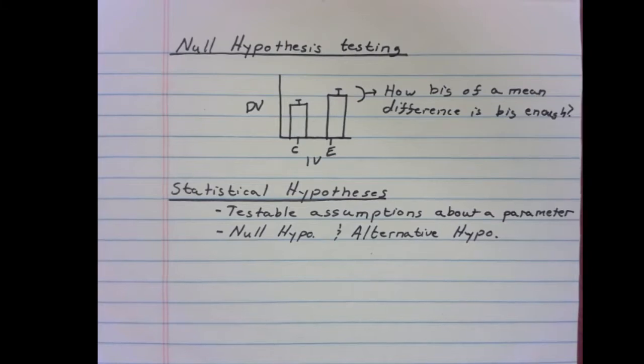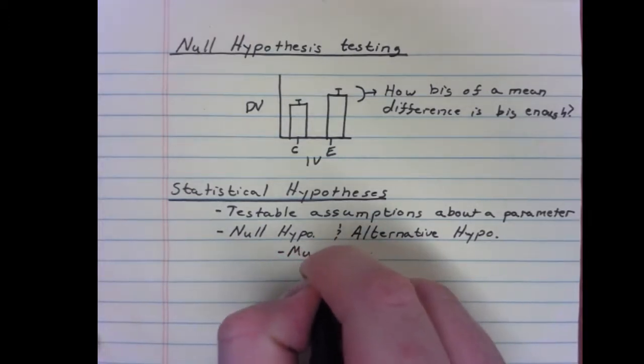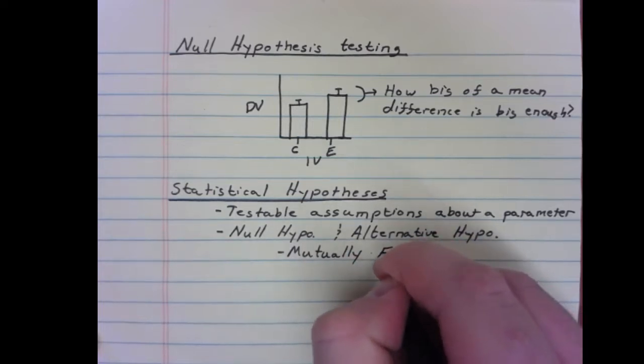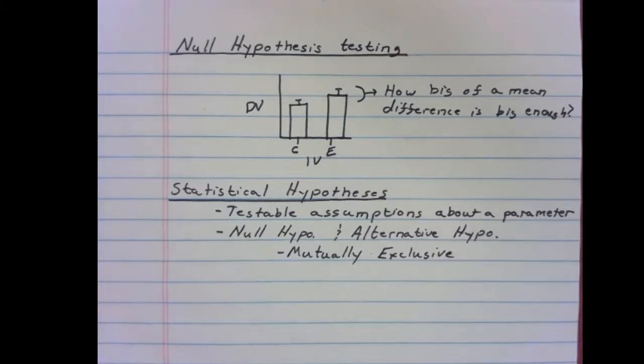Now, the key thing is these two hypotheses are always mutually exclusive and mutually exhaustive. If they are mutually exclusive, what that means is that if one is true, the other has to be false.